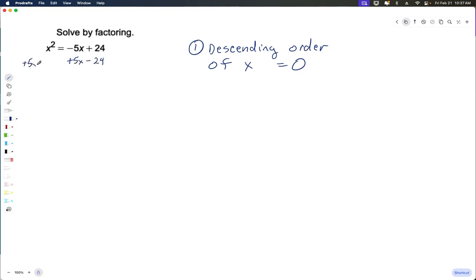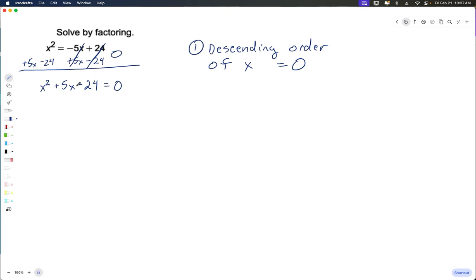So add 5x and subtract 24. Draw our line. And then what we get is x squared plus 5x minus 24 is equal to 0, because this becomes 0 and this becomes 0. So that's 0 over here.